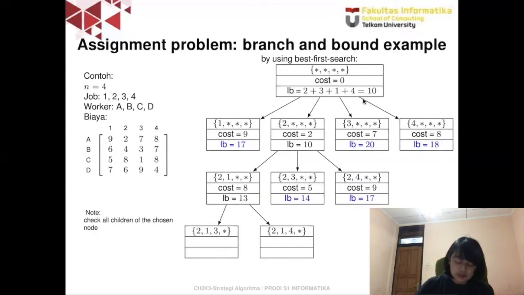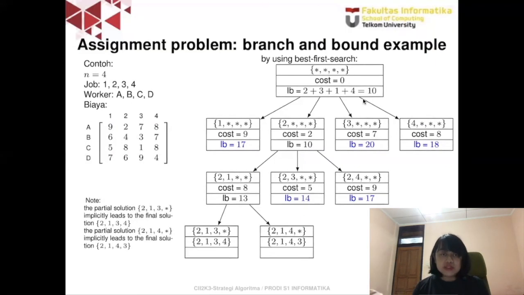So the first option is the next worker, worker C, is given job 3, and also worker C can be given job 4. But actually, this partial solution implicitly leads to the final solution, because if worker C is given job 3, we do not have any other option for worker D other than job 4.